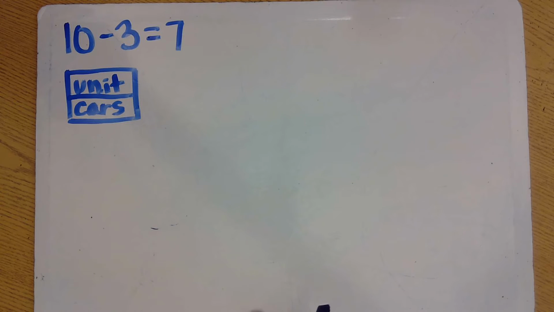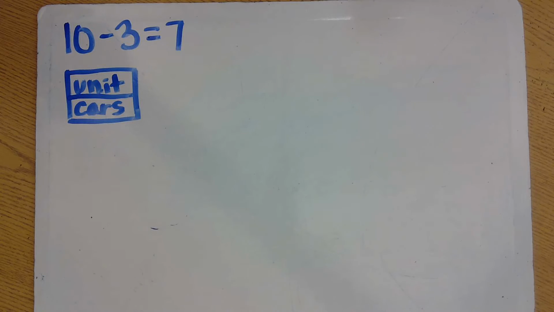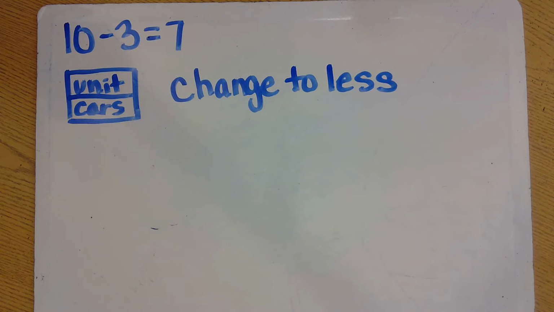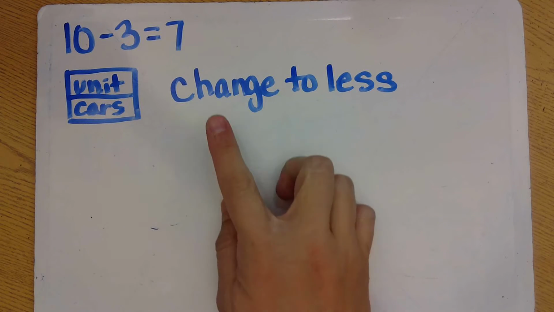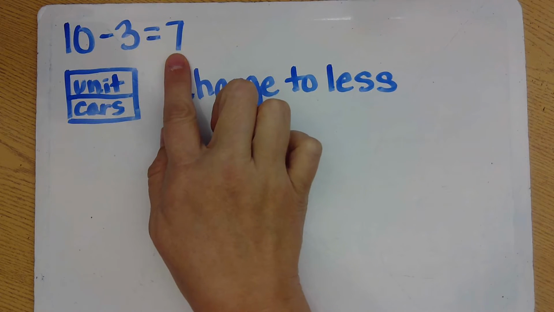Hopefully, you have had time to come up with a subtraction number story using this number sentence, 10 minus 3 equals 7. You may have made a change to less story. We start out with a number of items, like 10, and then we decrease the number of items, and then we find out the number of items that are left.